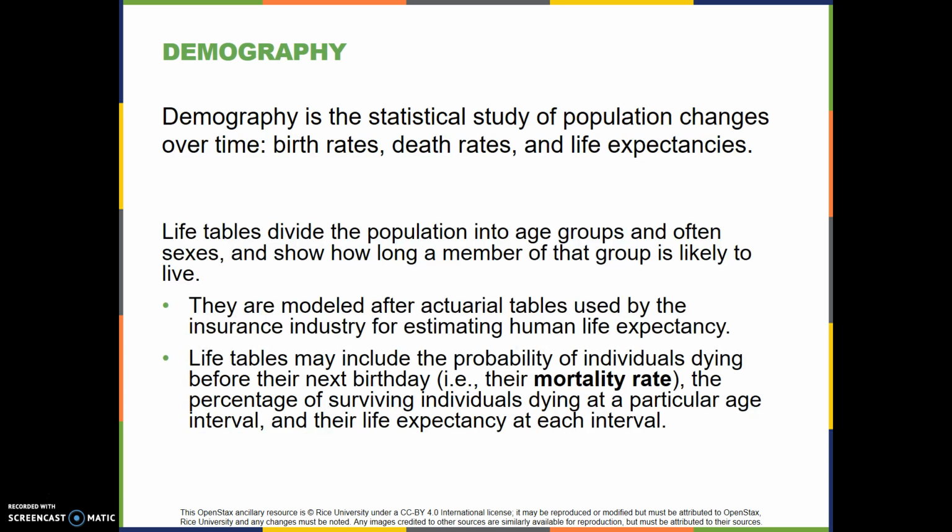All right, demography, we're back to that. Demography is the statistical study of population changes over time. We're looking at birth rates, death rates, and life expectancies.